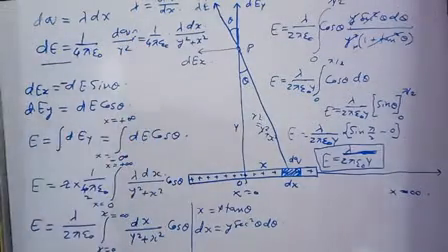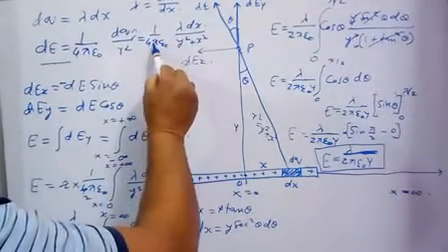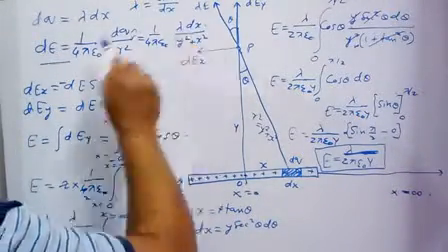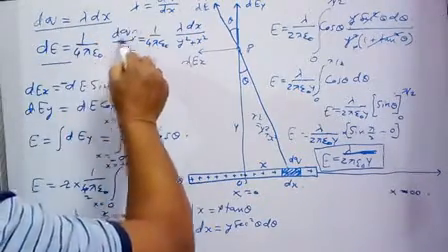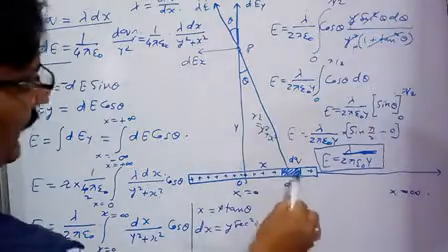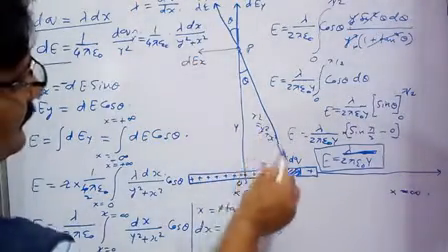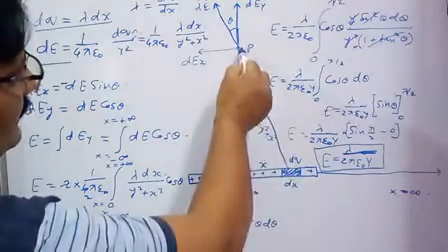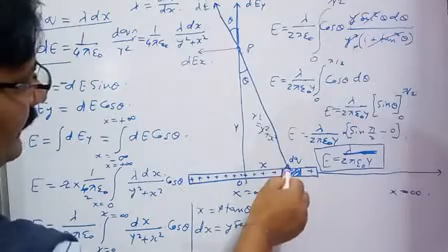R cap indicates the direction of the electric field. Or this can be written as 1 by 4 pi epsilon naught lambda dx, where lambda dx is the charge on the element dx, divided by y square plus x square. This is the distance between the point and the small element of the conductor of length dx.